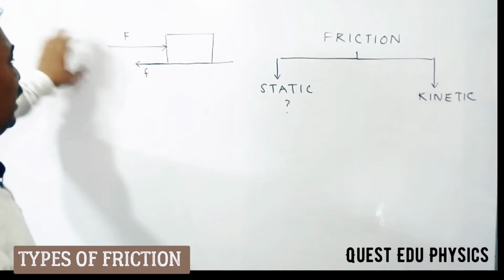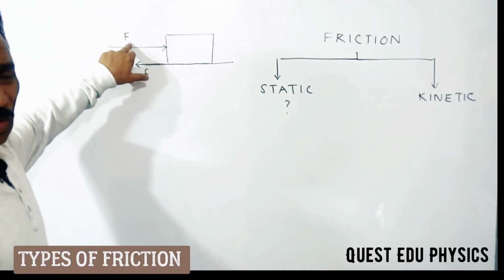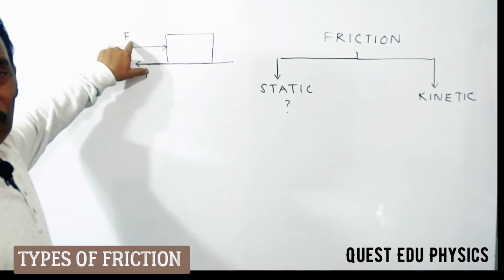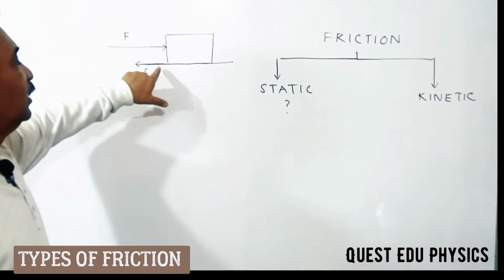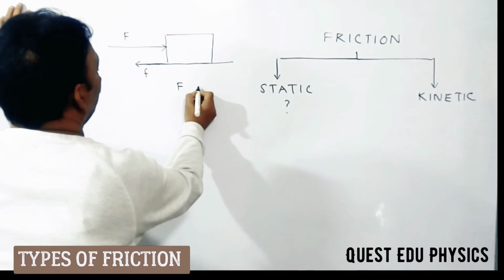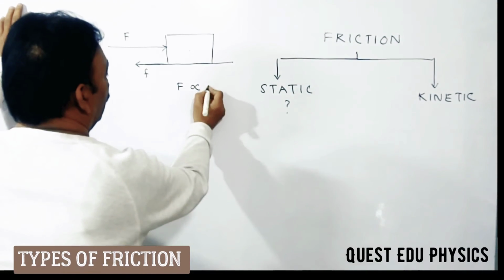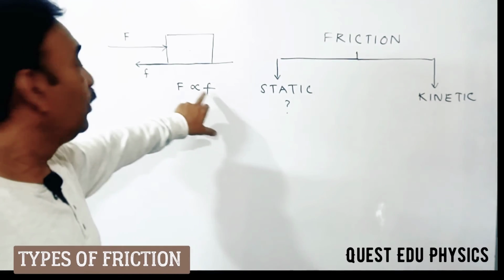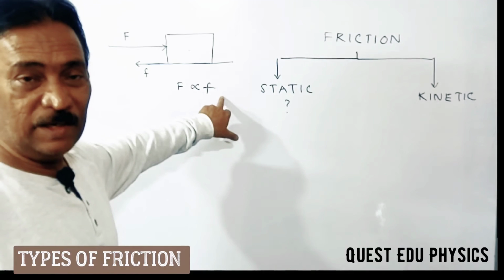Here I can't say the body will move by the application of a force. It can move or not depending upon the magnitude of the force. When I apply the force, the frictional force will develop. That means we have a direct, linear relation between them. If one increases, the other also increases.